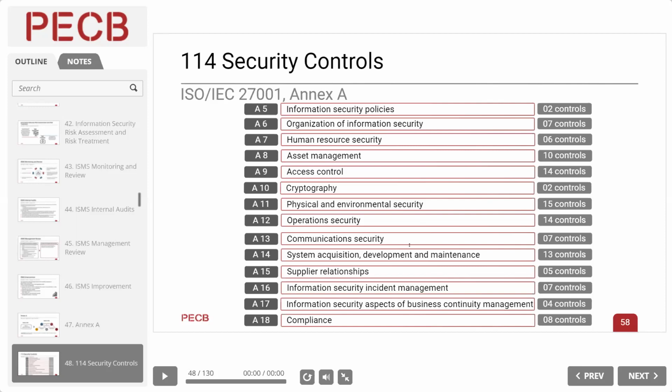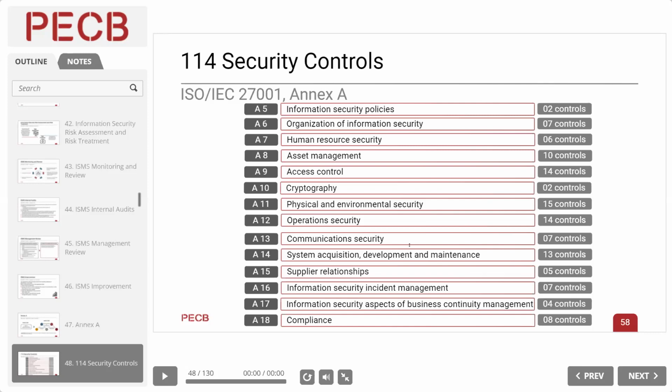Then we look at information security aspects of business continuity management. So that is also a new perspective. It's a reduced focus on business continuity management. And that is because previous editions of ISO 27001 had full business continuity management within it.